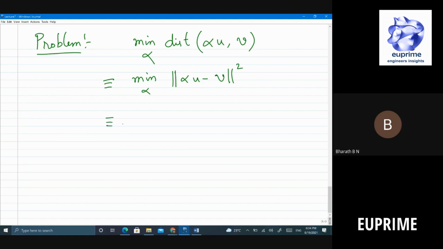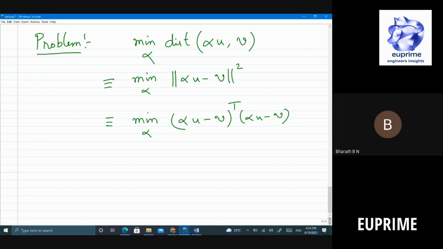So this is the same as minimizing over all alpha the quantity (alpha U minus V) transpose (alpha U minus V). This is the Euclidean norm. It's induced by V transpose V, and its square root is the Euclidean norm; the square of that is V transpose V. Is this fine, everyone?